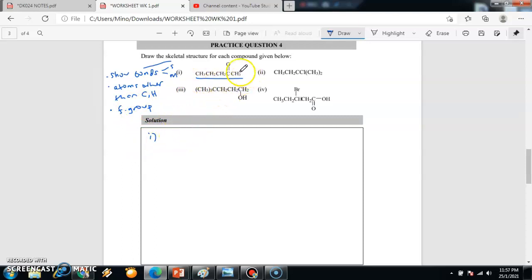So macam saya cakap tadi, this is our longest carbon chain. Skeletal ni we need to only show the bonds. Dalam condensed structure ni kita tak nampak pun dia punya single bond kan.